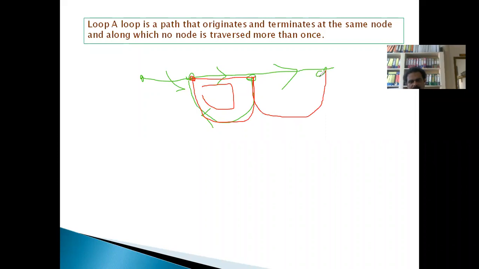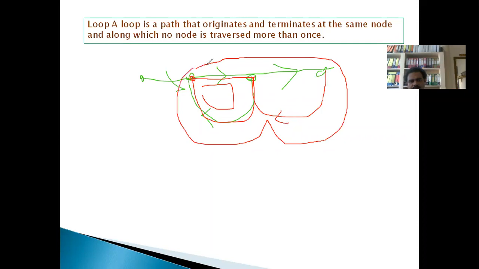For example, one more path is there, something like this. We cannot consider this as a loop, because in this case that node is traversed more than once. So we cannot take the entire thing as a loop, but we can consider this part as one loop and this part as a second loop, because the starting point is this point and the ending point is this.